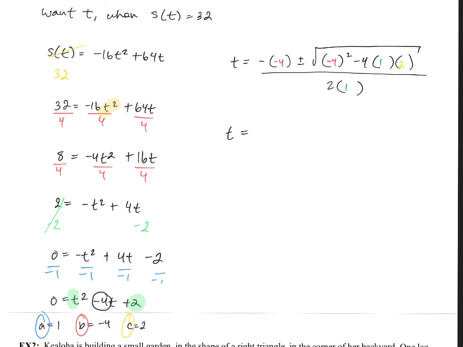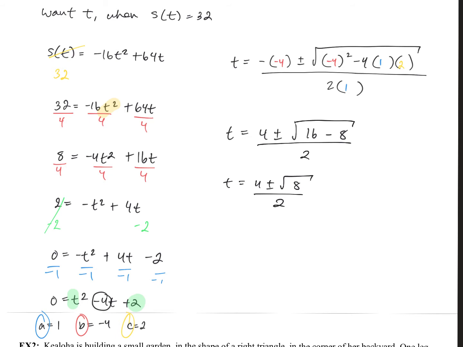Okay, so t is going to equal 4 plus or minus the square root of 4 squared, which is 16, minus 4 times 2, which is 8, and times 1, that'll still be 8. We'll go ahead and fix that radical, it's a little too big. And now it's all going to be divided by just 2. So t is going to equal 4 plus or minus the square root of 8 divided by 2.